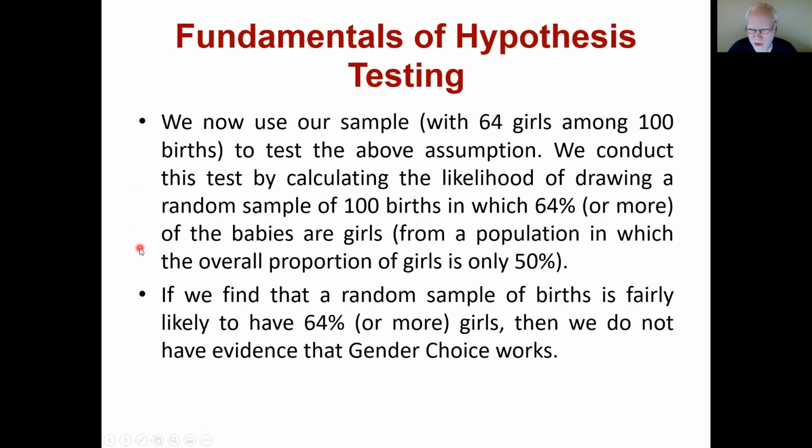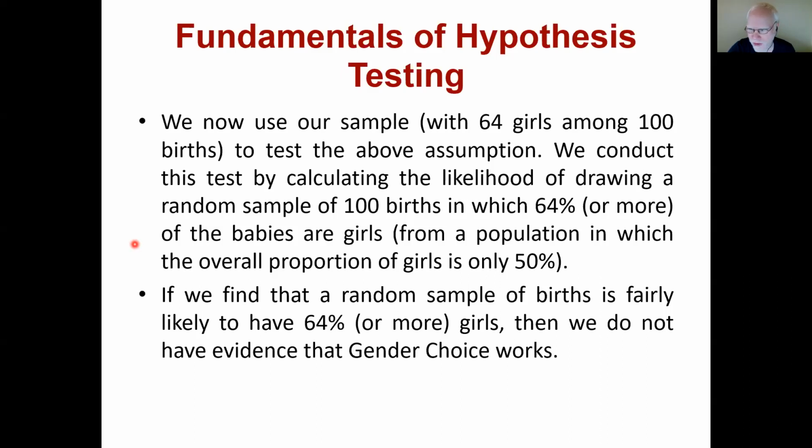If we find that a random sample of births is fairly likely to have 64% or more girls, then we do not have evidence that gender choice works. In any population, if you take samples of any size, you're going to have a lot of them that cluster near the mean, but you're also going to have several outliers, some extreme values on both sides.